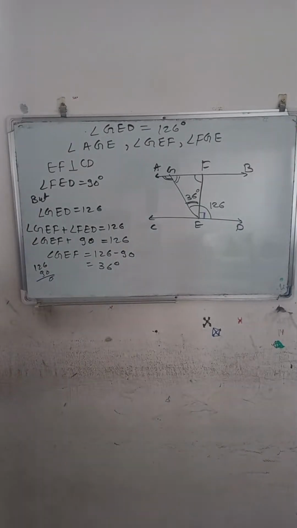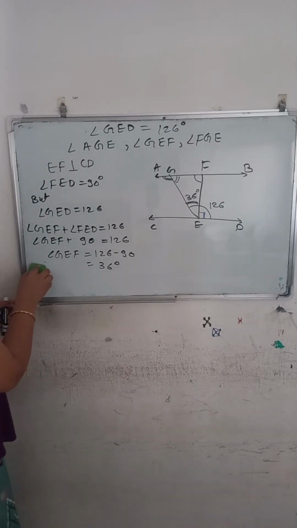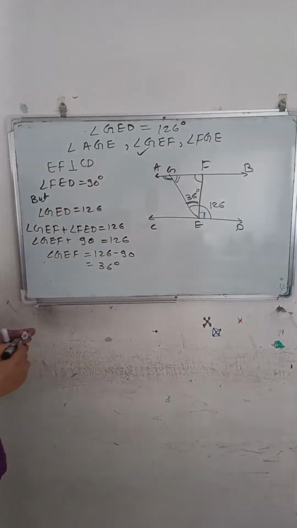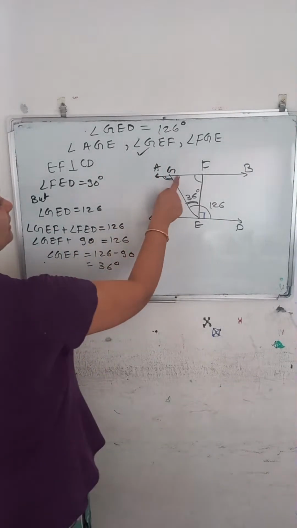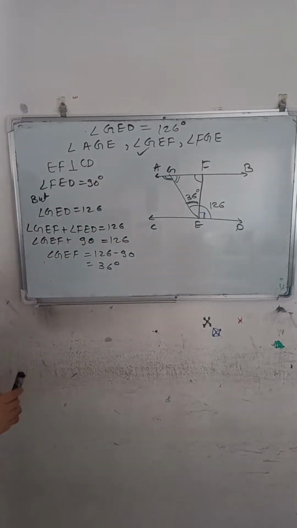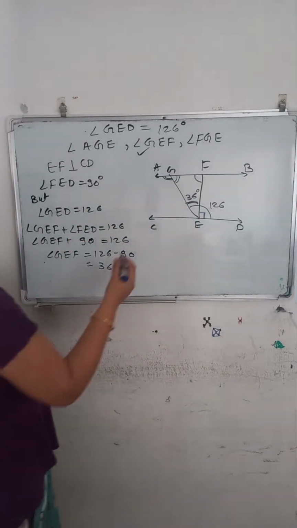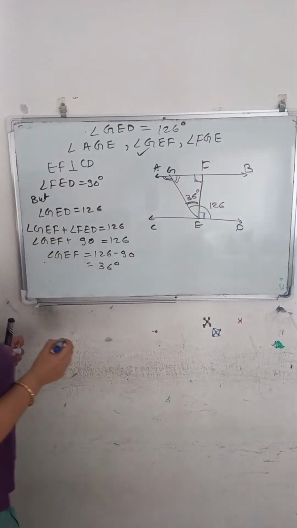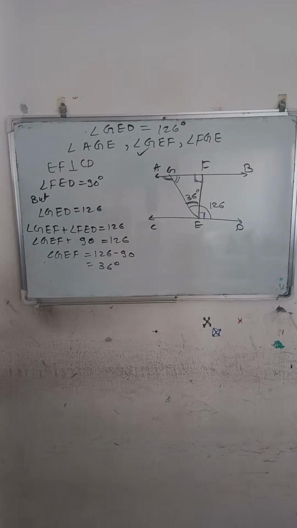Once you get this angle GEF, now I am interested in this and this angle. Obviously if this is 90, then of course this is also 90. By the triangle angle sum property we can find this answer.